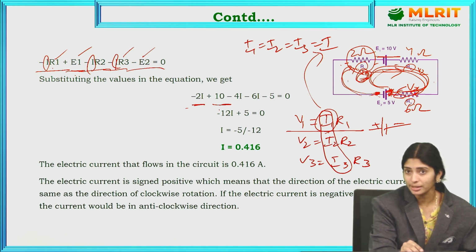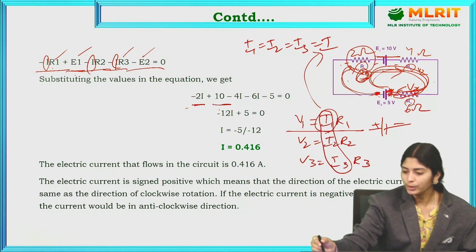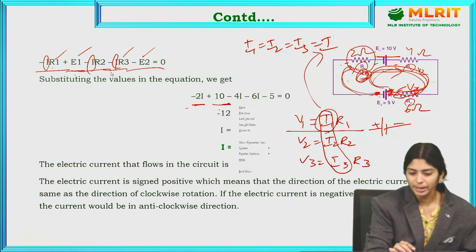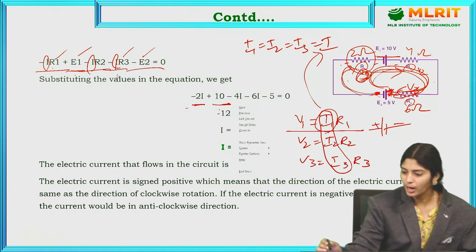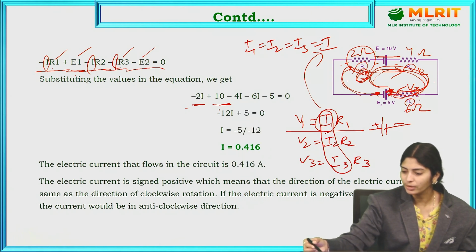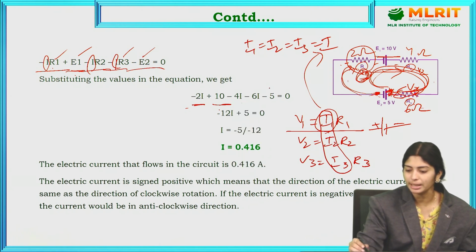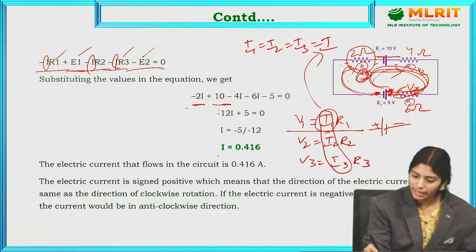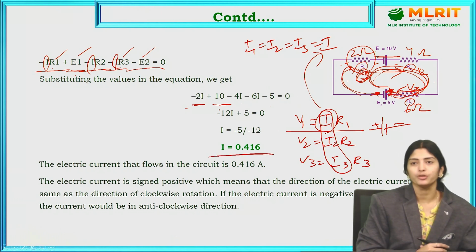What is the value of R2? 4. So minus 4I. Next minus IR3. What is the value of R3 here? 6. So minus 6I minus 5 is equal to 0. If we solve this, we will get I is equal to 0.416.